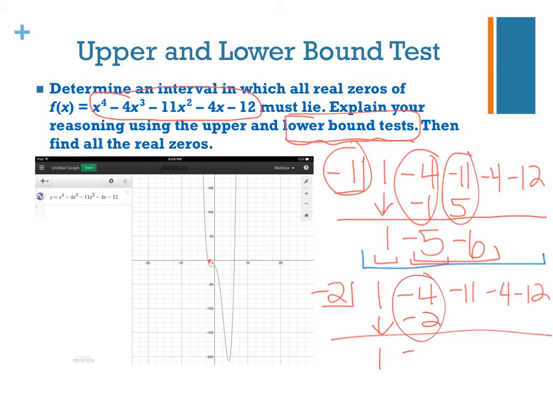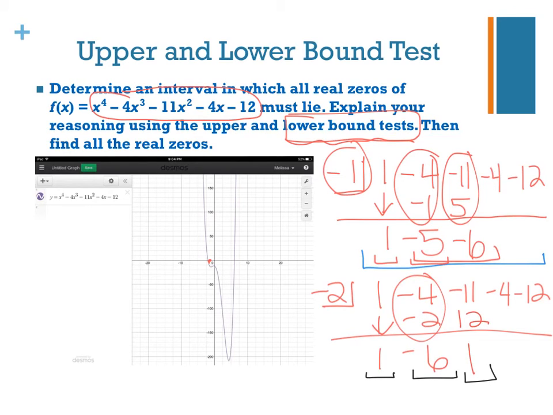Add this column, I get -6. -6 right here times -2 is going to give me a 12. And when I add this column, 12 and -11 give me a +1. So far it's looking good. This is non-negative, this is non-positive, this is non-negative, and I want to make sure that pattern continues.